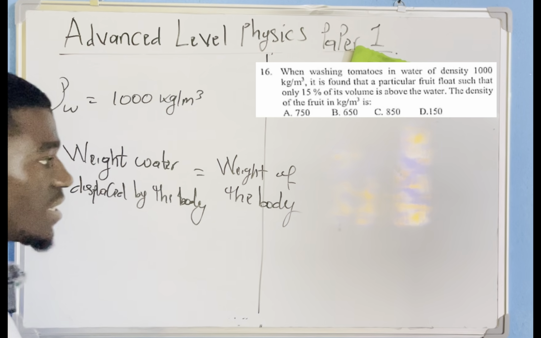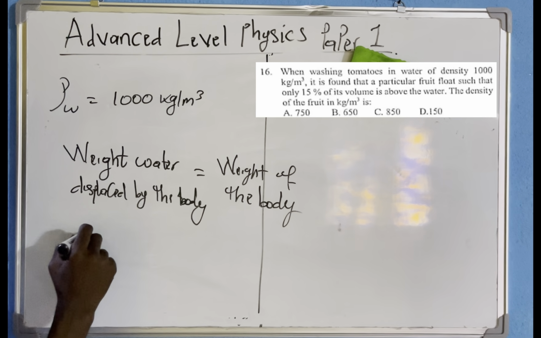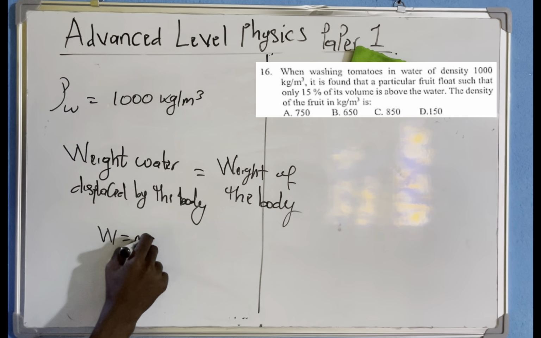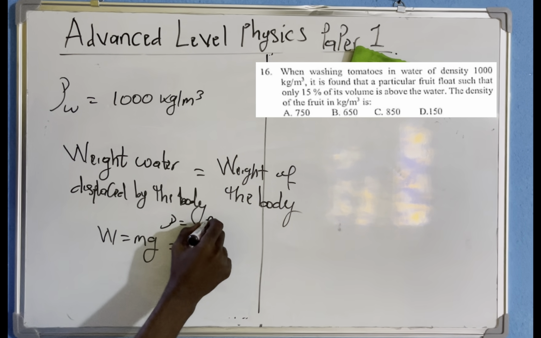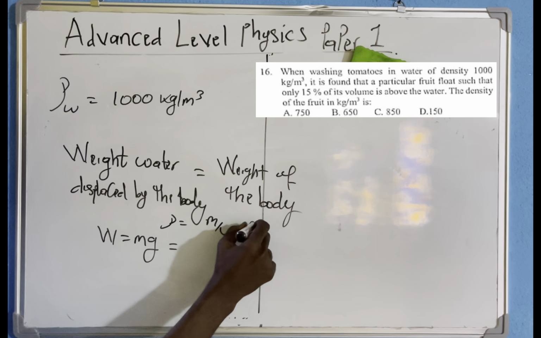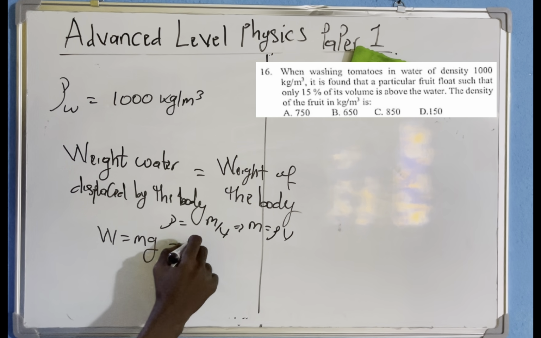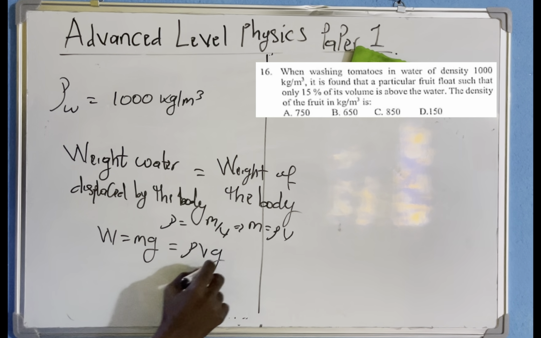From this Archimedes principle, weight is mass times gravity. And mass, from density equals mass over volume, is simply density times volume. So weight is density times volume times gravity.